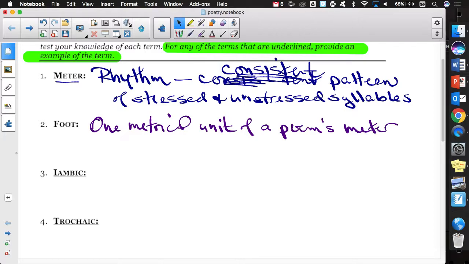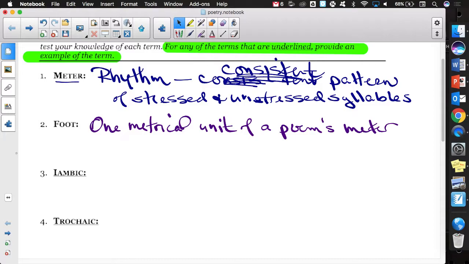I'll give you some examples for it. So a foot, one metrical unit of a whole pattern. A single line of poetry tends to have many feet too.